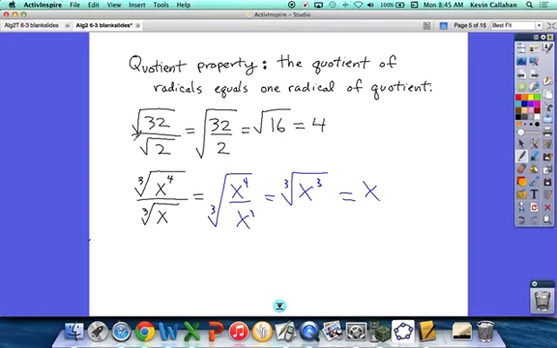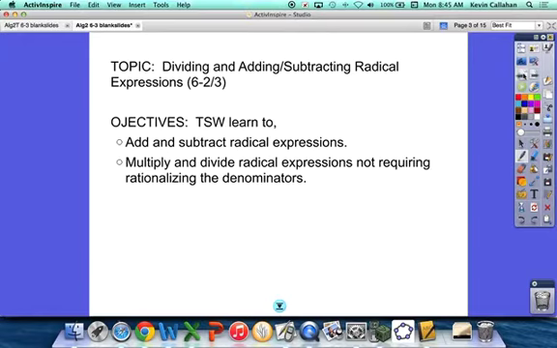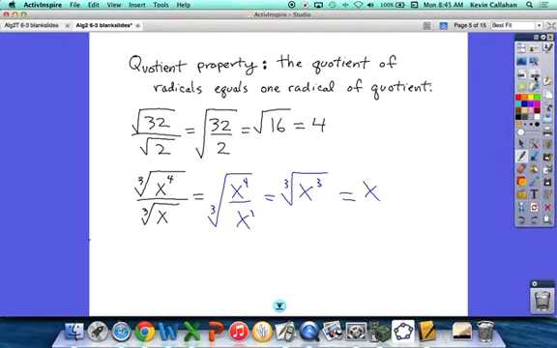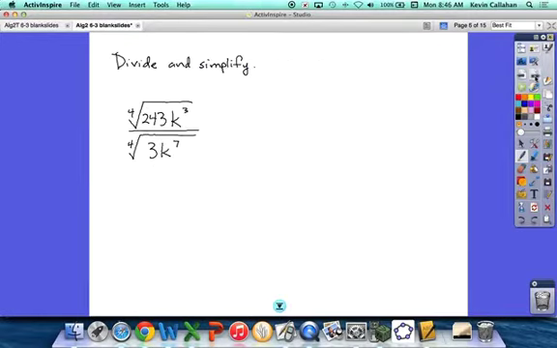And that's what the SOL refers to here: you have to be able to divide, not requiring rationalizing of denominators. So we shouldn't ever get to the point where we can't simplify and not have any more radicals in the denominator.